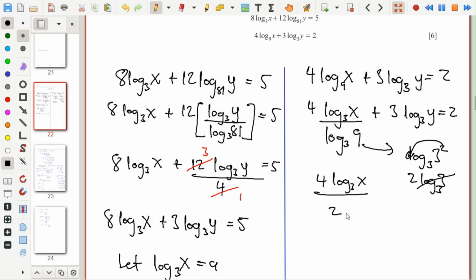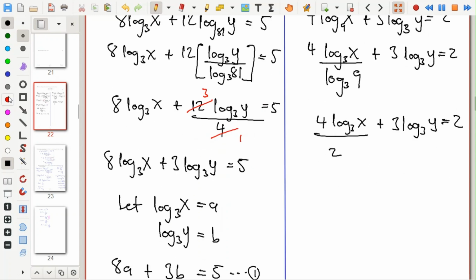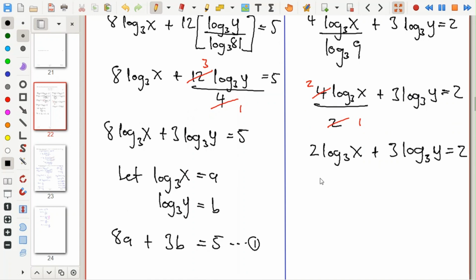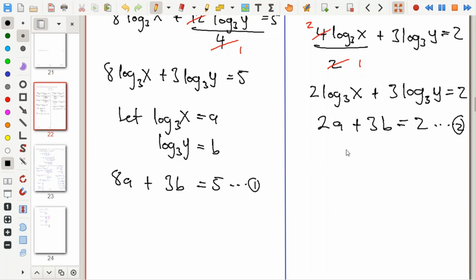So this is the same as what? 2. Now I can cross out here. So this should give me 2 log x to the base 3 plus 3 log y to the base 3 is equal to 2. Okay, now this is the same as 2a plus 3b is equal to 2. Equation 2.